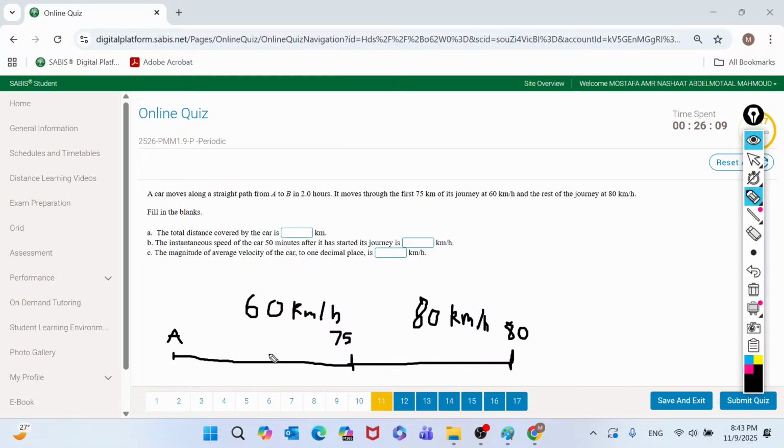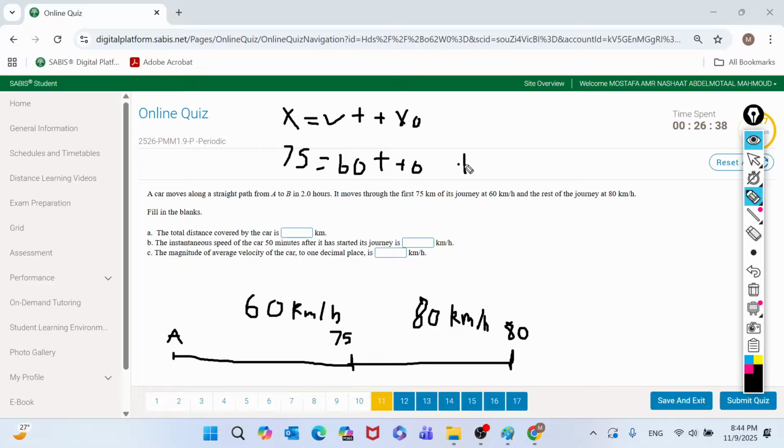Okay, so how do we find how long it took to cover this distance? We're gonna do x equals vt plus x0. So here 75 is the x, equals v, we know it's 60, t plus 0.